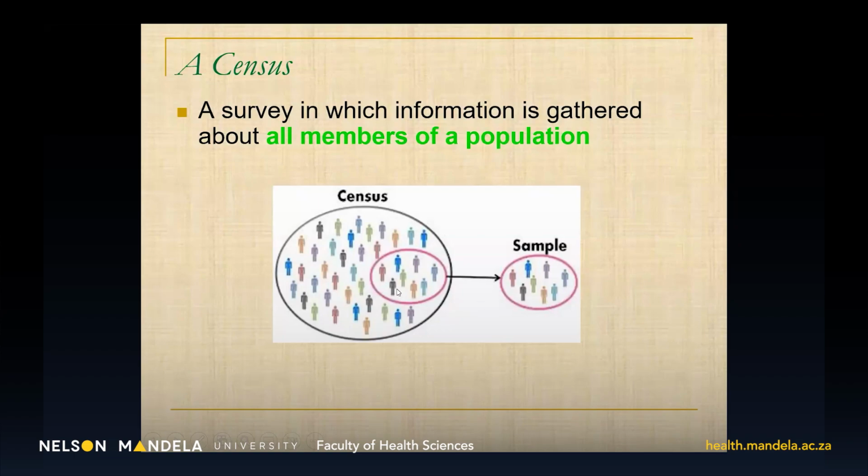And then the sample is those that you go there on a Thursday, on a Friday, you identify say 20 of them, and hope that those 20 diabetic patients that you have seen coming to see their doctors represent all the diabetic patients visiting that particular institution. Think about it. So a census versus a sample.